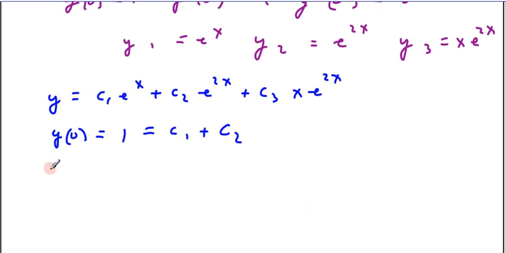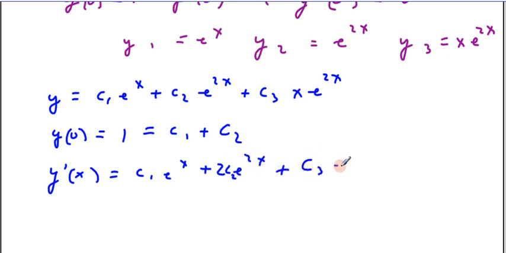Okay. y prime of x is c1 e to the x plus 2 c2 e to the 2x plus c3 e to the 2x plus 2 c3 x e to the 2x.